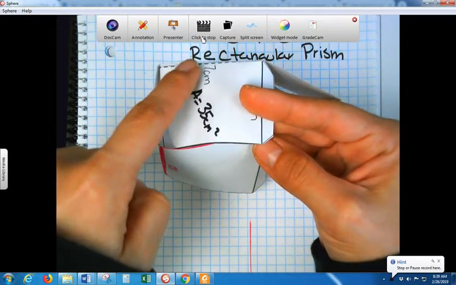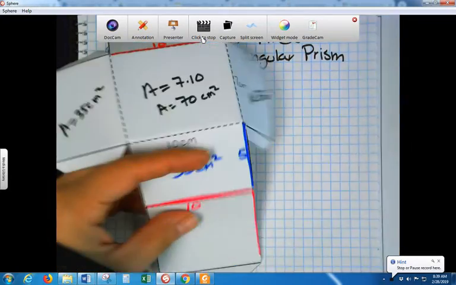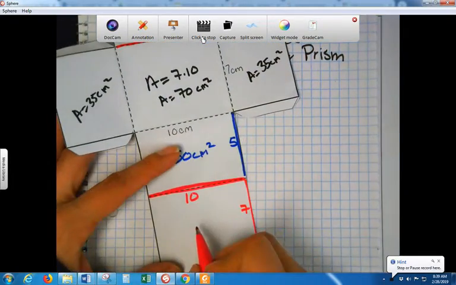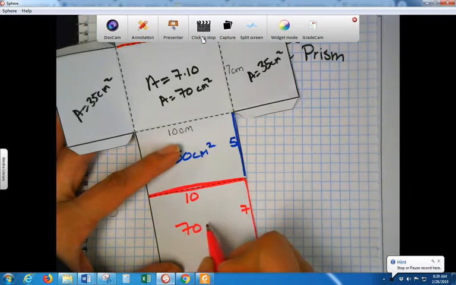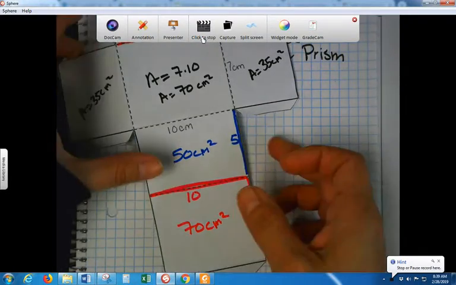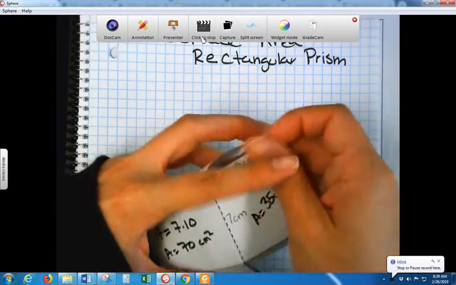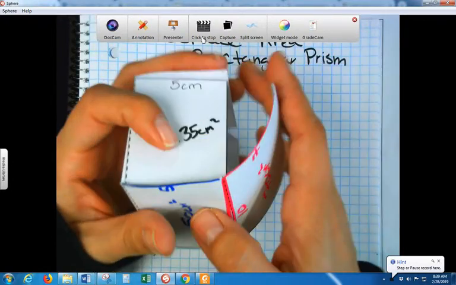So this is 7. So therefore this carried over to a 7. So this is 70 centimeters squared. Now, let's fold it up completely so you can see it. You can see some other relationships.